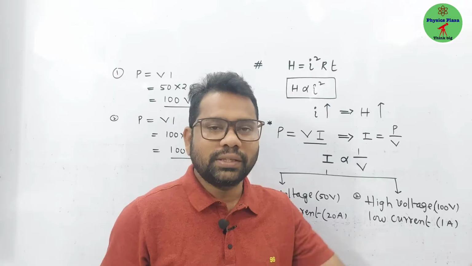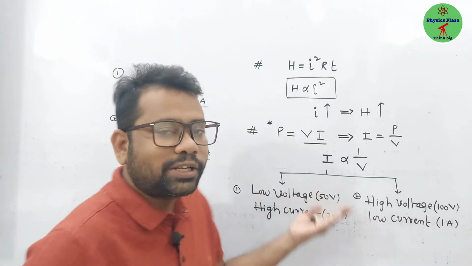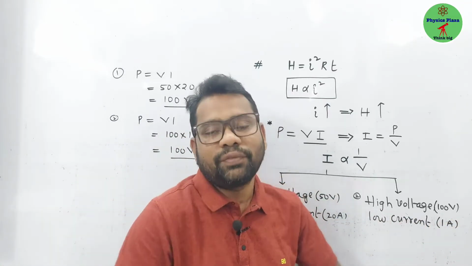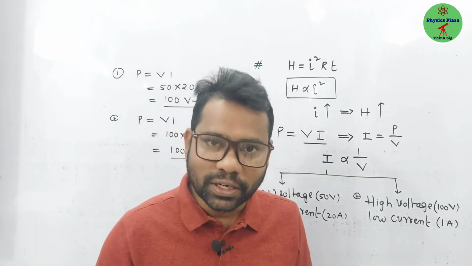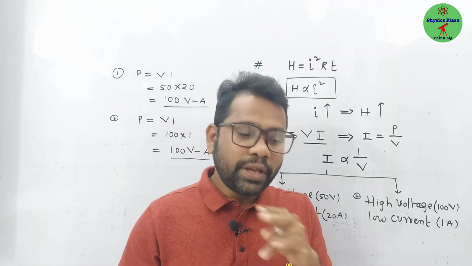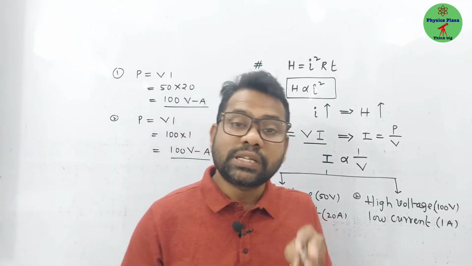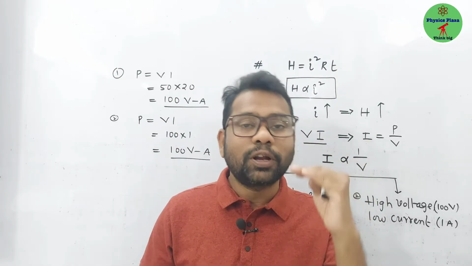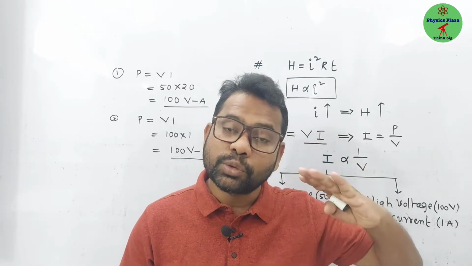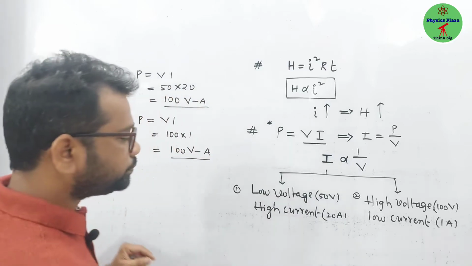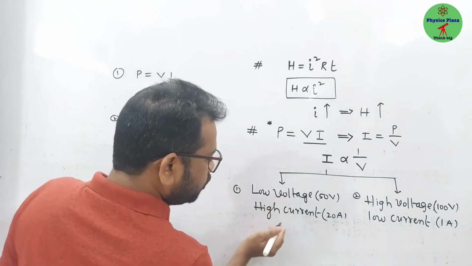But which one? You may get a doubt, sir, as the power is the same in both methods, either one we can select. But it is wrong, children. We have to select the method in such a way that less power loss occurs, so power loss should be minimized. Low voltage involves high current.